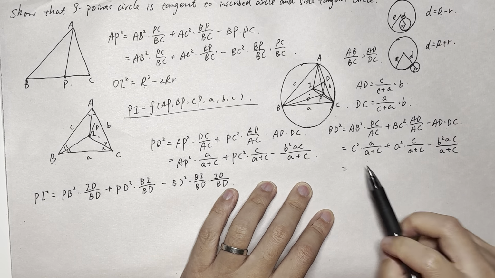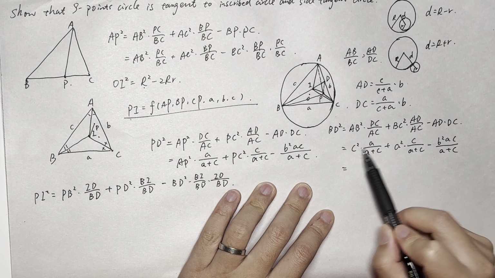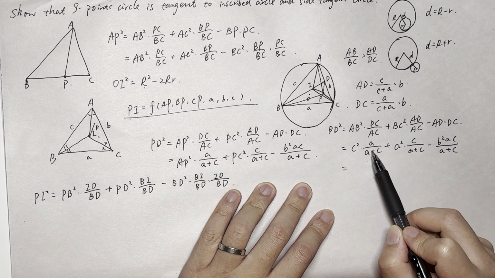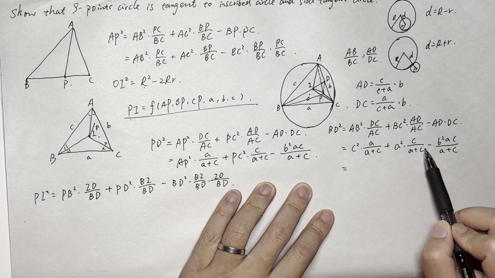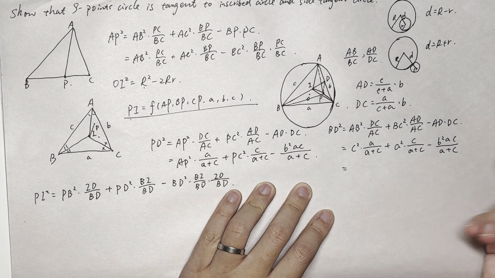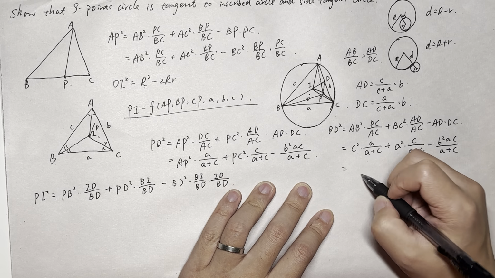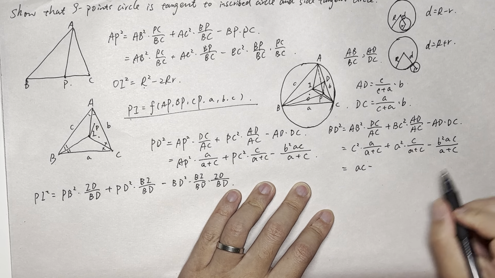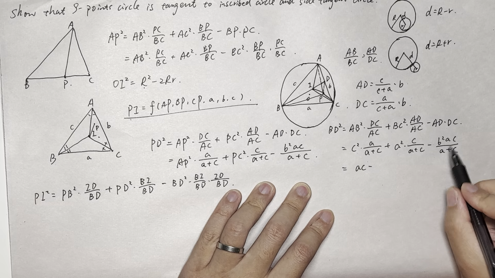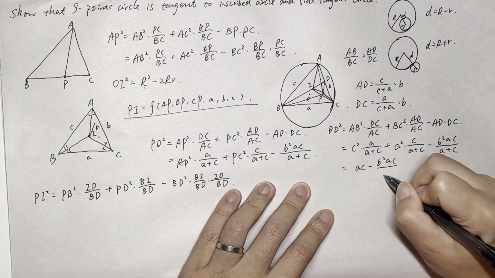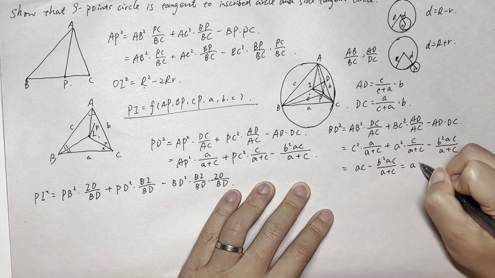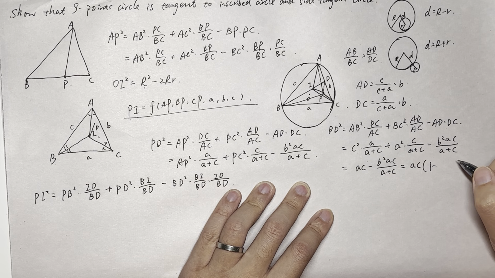Here we can extract AC out. Here we have C to A plus C, here we have A to A plus C, and adding them together gives AC, right? So AC minus this one.